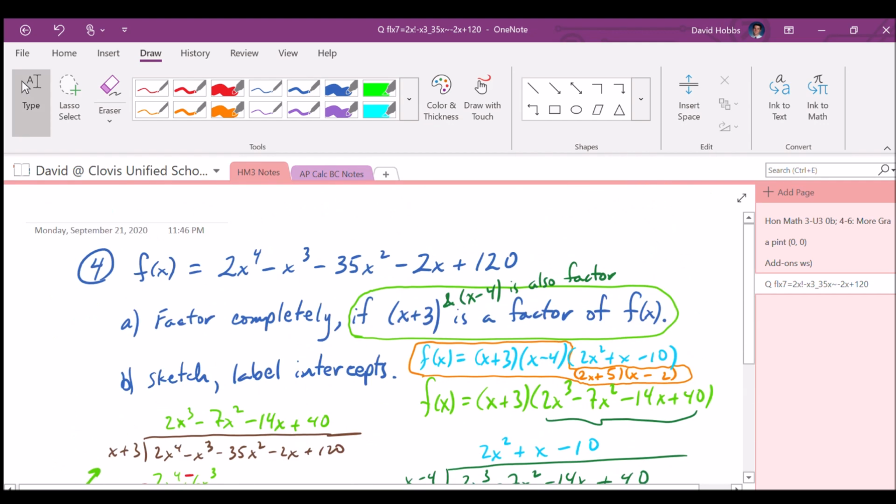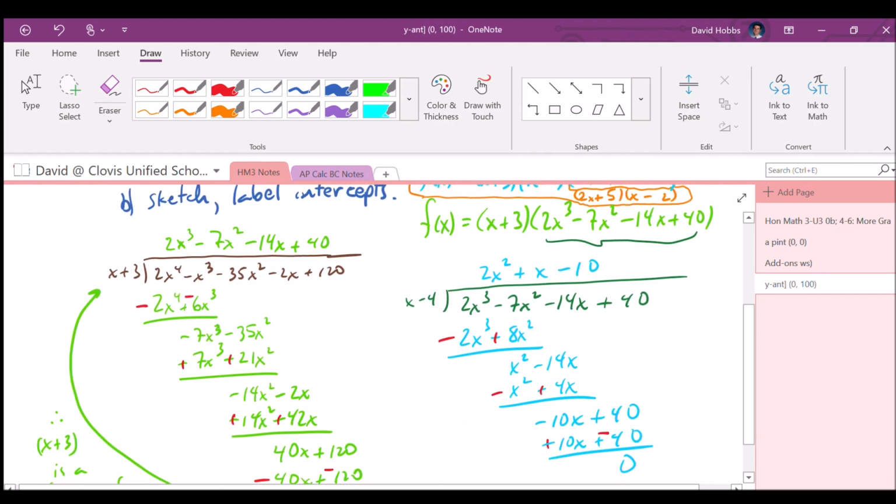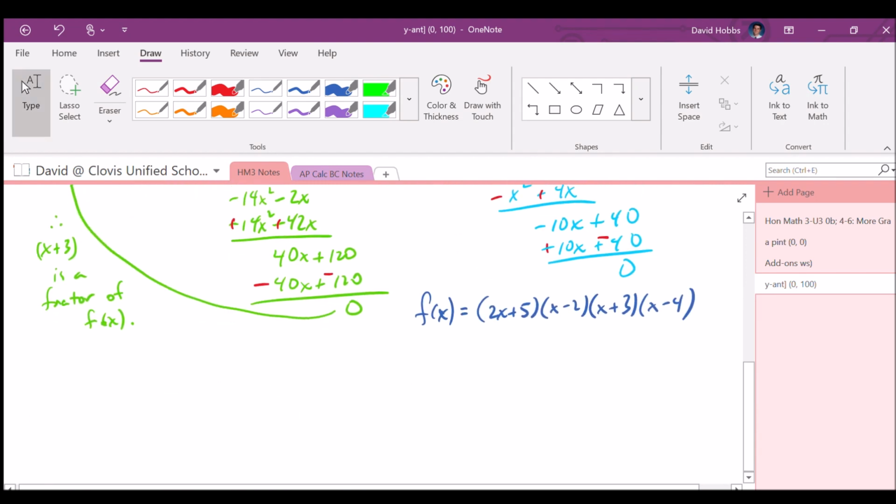By the way, remember when we were not factored, it was a positive 2x to the fourth, so this is a high to high. The y-intercept is (0, 120). We can see the zeros, the roots.